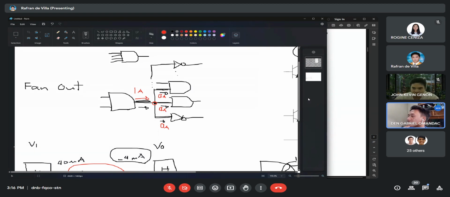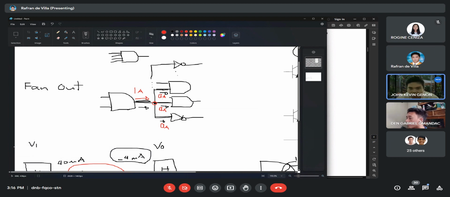The sum of the current entering or the current exiting is zero. The sum of the current that enters or the current that exits is zero. It will equal zero, sir. Then, how about the current that is leaving the node? Zero also.